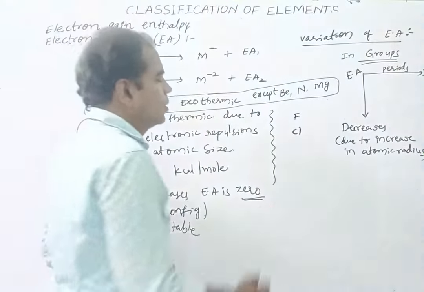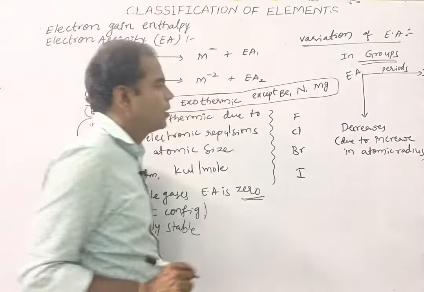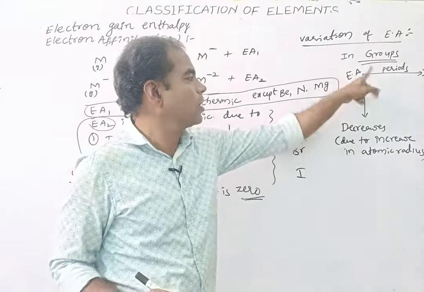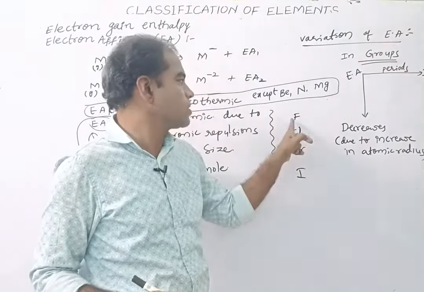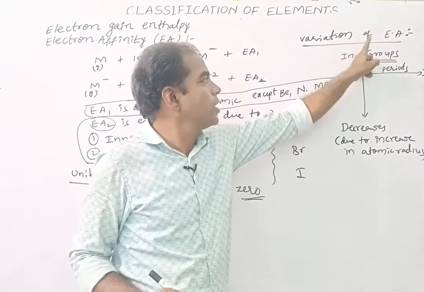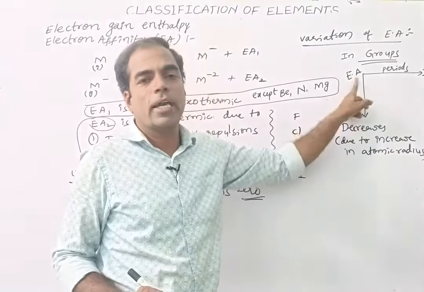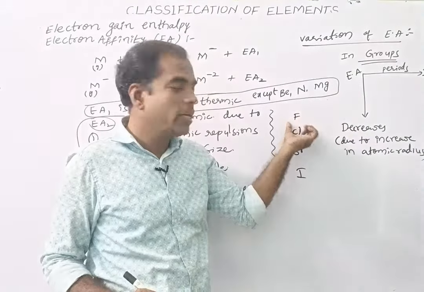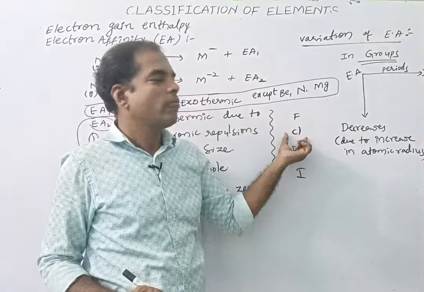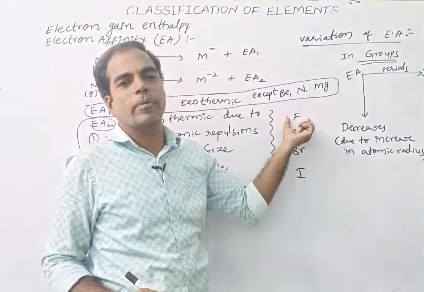Right? See, fluorine, chlorine, bromine, iodine. Down the group, atomic radius increases. Electron affinity decreases. Normally down the group electron affinity decreases, but here fluorine has less electron affinity than chlorine. Why? Because of the small size of the fluorine atom and inner electronic repulsions.